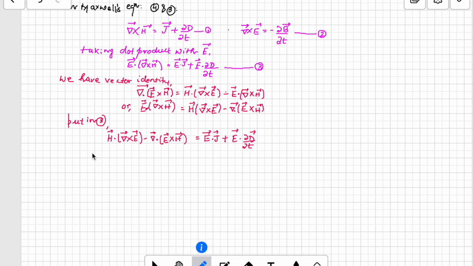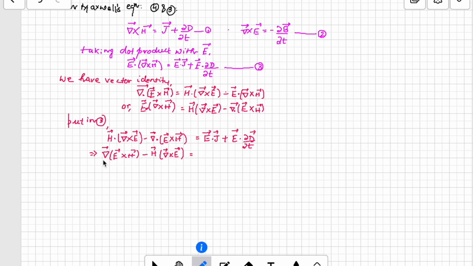So what I'm going to do is, let me take the minus sign common, and I will just readjust this. This is del bar dot E bar cross H bar minus, okay, we're going to take the minus sign to the other side. This will become plus, this will become minus, minus of H bar dot del bar cross E bar.